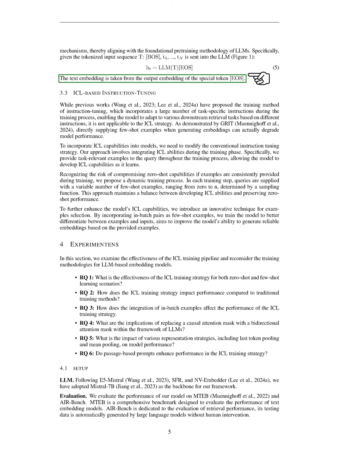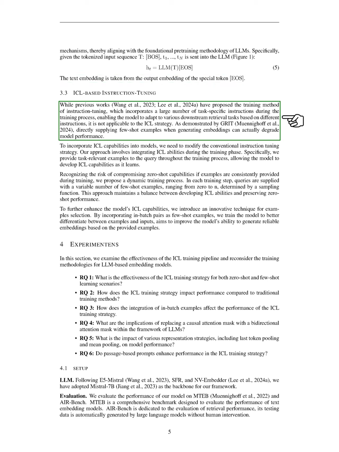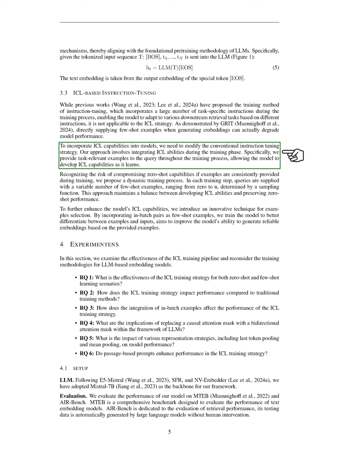For ICL-based instruction tuning, we recognize that while previous methods have used many task-specific instructions during training, this does not fit well with ICL strategies. Directly providing few-shot examples can degrade performance. To incorporate ICL, we modify the instruction tuning approach by integrating ICL capabilities during training.